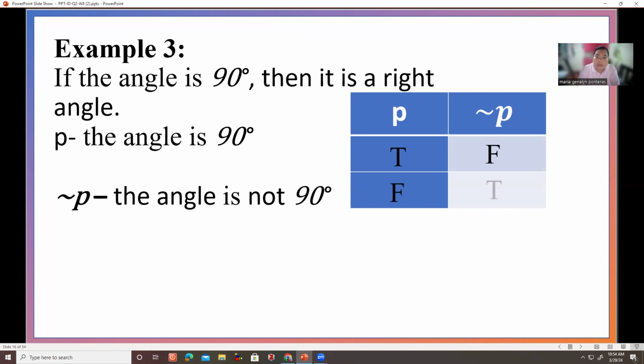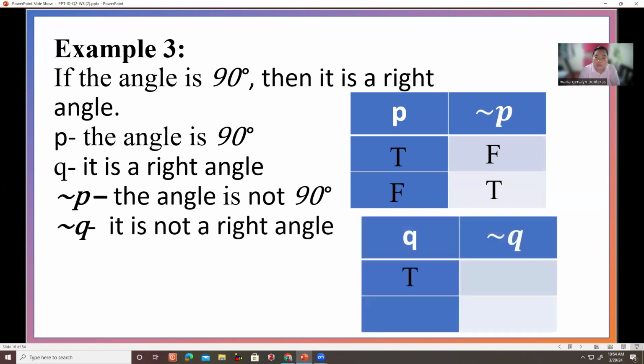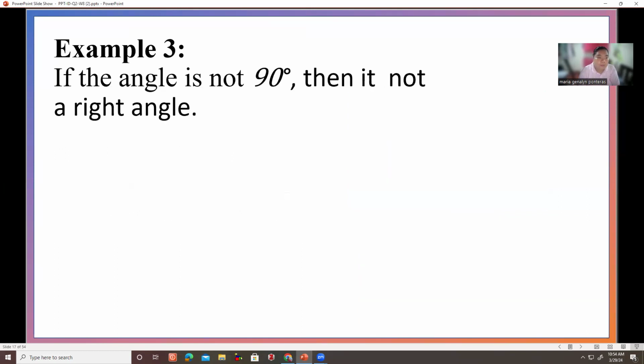If P is false, not P is true. Then Q, it is a right angle; not Q, it is not a right angle. If Q is true, not Q is false. If Q is false, not Q is true.